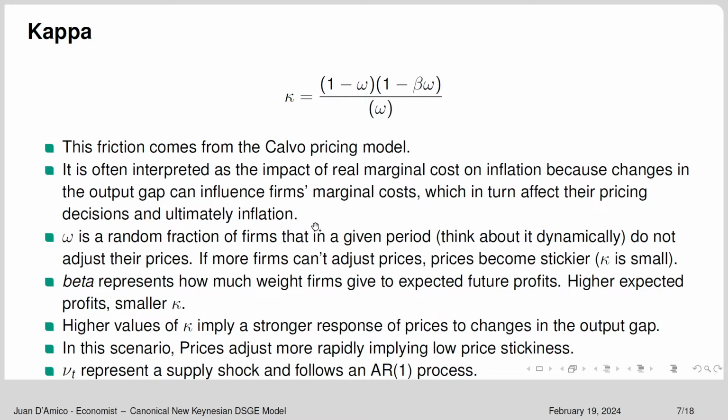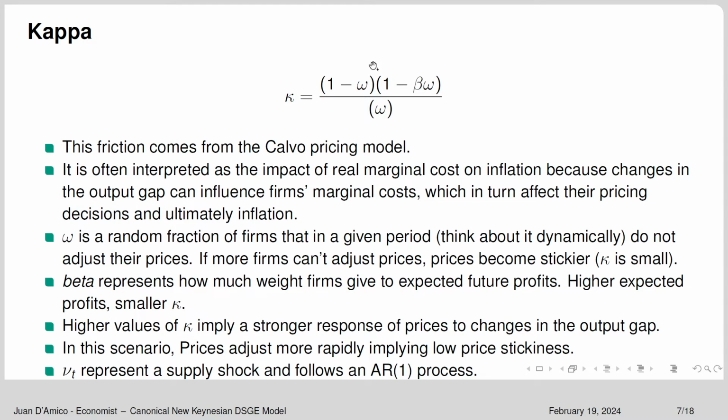Putting this in other words, when there are changes in the output gap, let's say that the economy expands, that's going to put pressure on prices, right? So in turn, the marginal costs of firms is going to change. So if marginal costs change, then the firms are going to adjust their prices to incorporate those changes. Now, all this is going to ultimately be affecting prices.